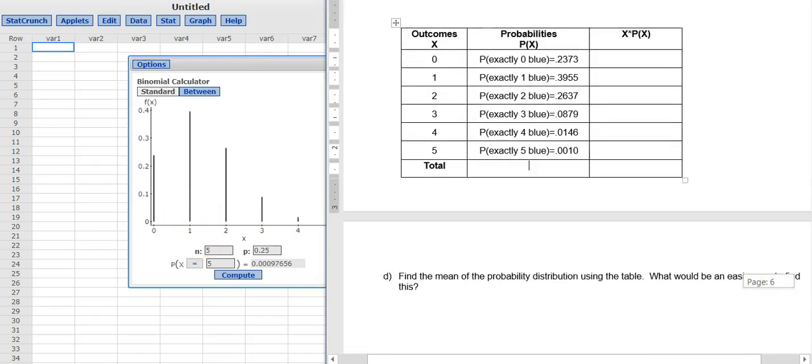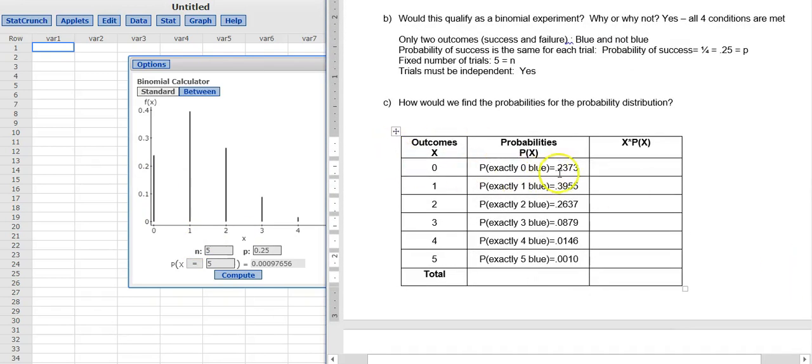Now, if we want to find the mean of this probability distribution, since we've got these probabilities, we can go through and multiply all these and get our mean that way. And I'm going to show this, but this is really not the easiest way to do this. If you have a binomial distribution, then actually finding the mean is really easy.